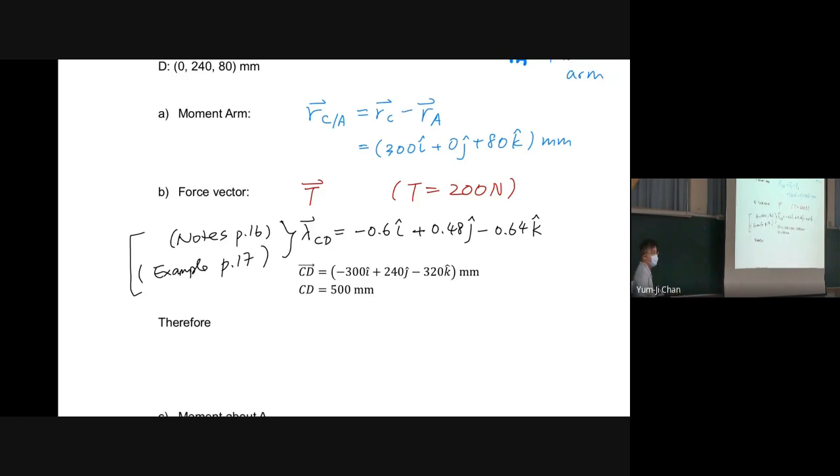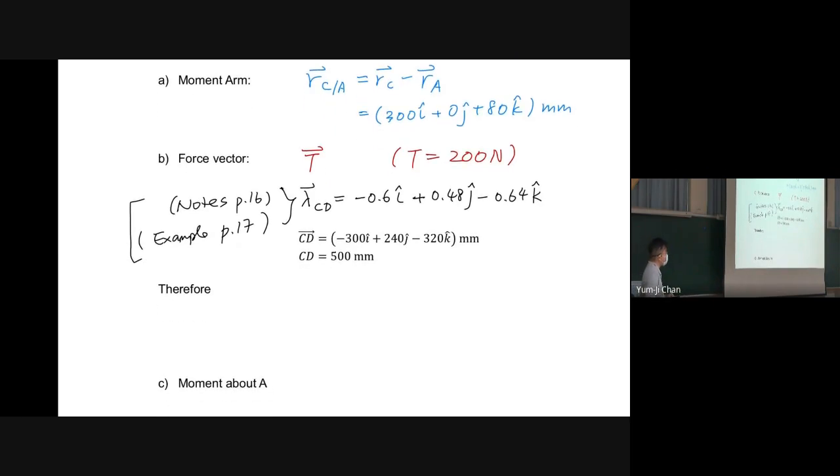Now suppose we know the unit vector in the direction of CD. Now if T is equal to 200 times this, which is equal to this.